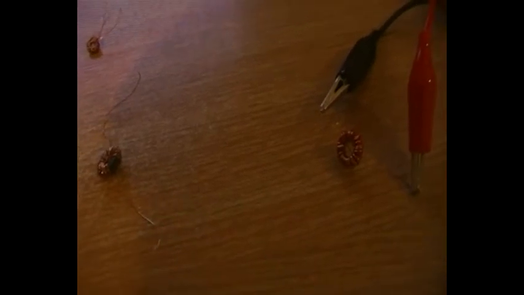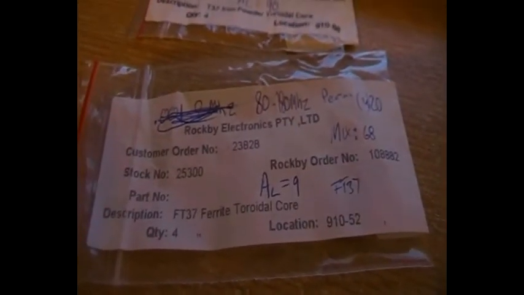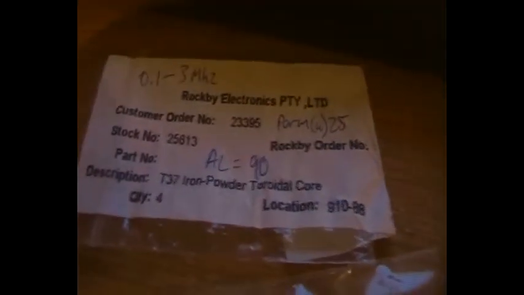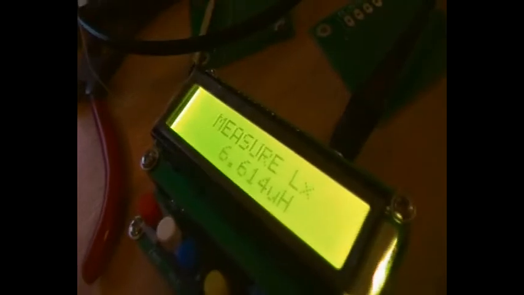But really, if you have a look at the AL values I've written on the packets, the AL for the ferrite was 9, and for this one is 90. But because of the way that they're specified, the millihenries per 1,000 turns and the microhenries per 100 turns, that's why they're very close in value.